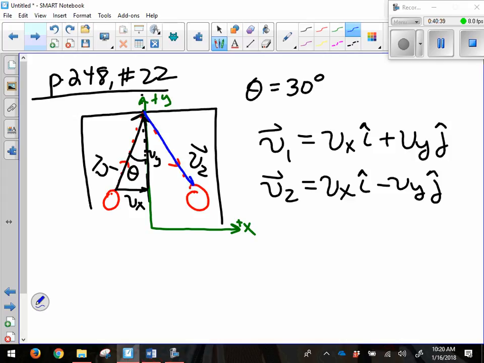And here's my V2. So what's this going to be here? That's going to be Vx, and then this is going to be negative Vy. But the same magnitude, the same length.